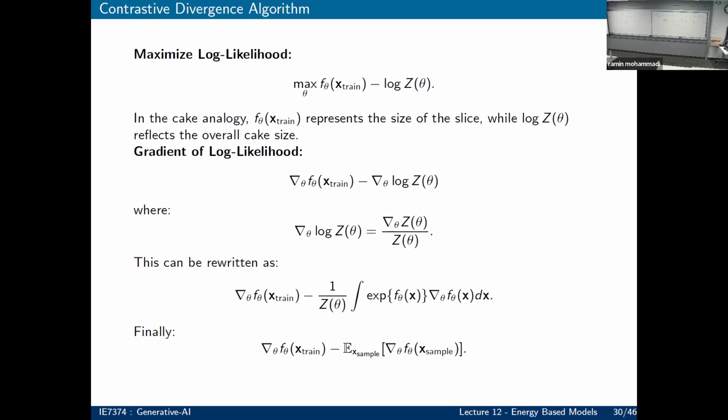So the final value becomes the gradient of a function with respect to a training data minus the expected value of this term over the sample data. So the first term is with respect to your training data. The second term is with respect to your sample data.